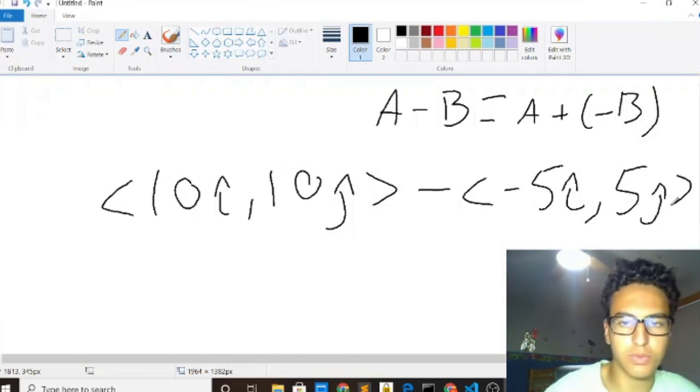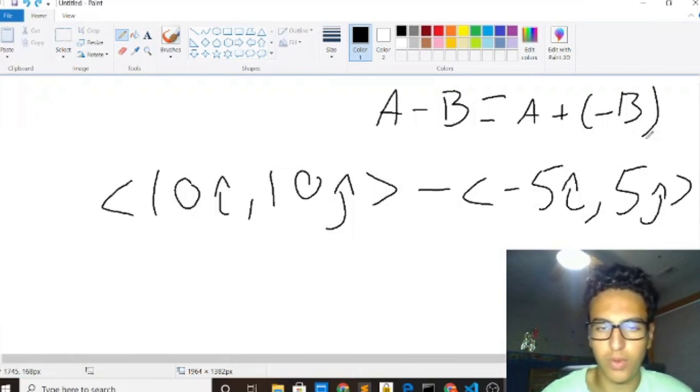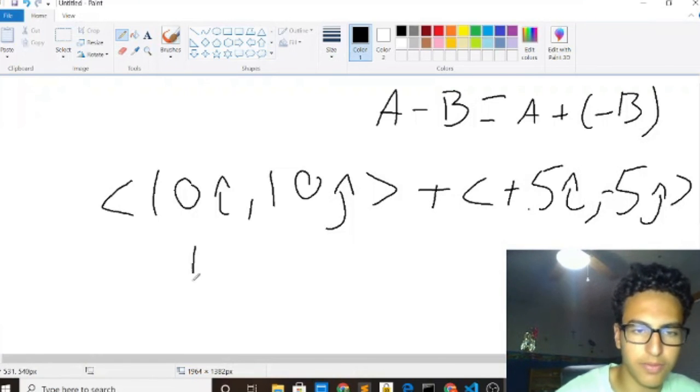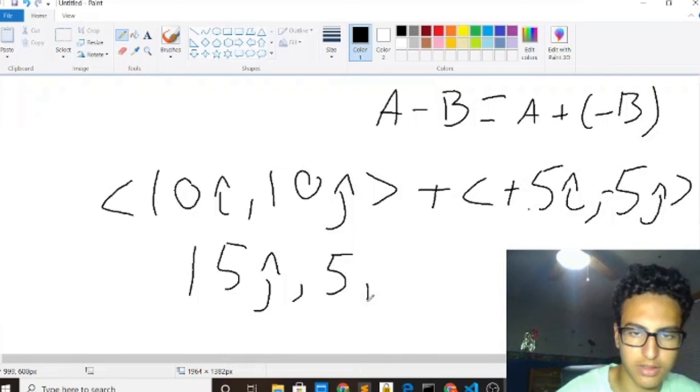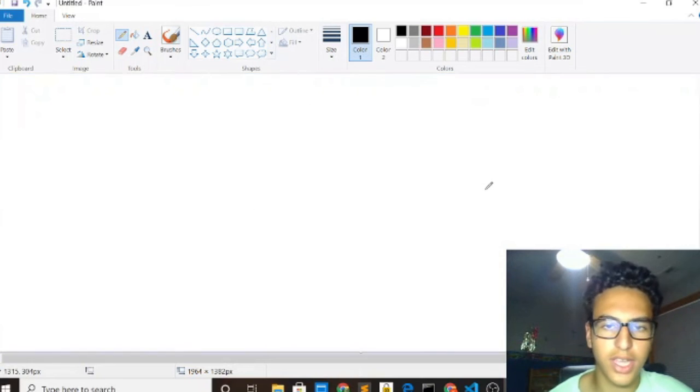Alright, so how does this work? Well, we distribute out this negative by this identity, and what that gives us is the 10 minus negative 5, and we end up with 15 in the x direction and 5 in the y direction. Alright. And the same works when you get to 3 dimensions.